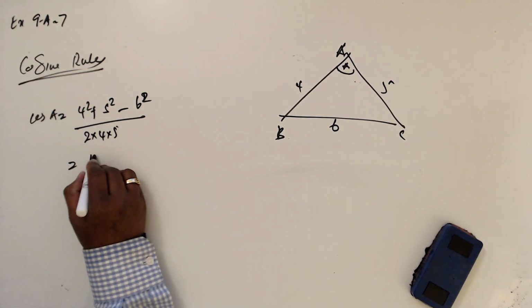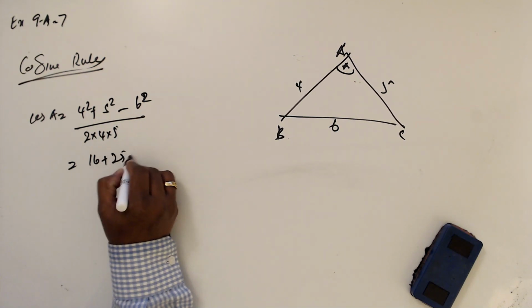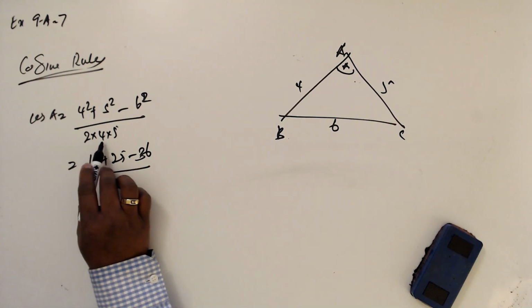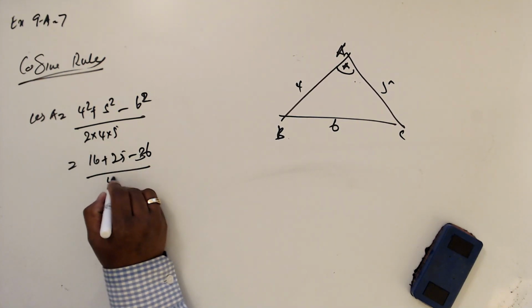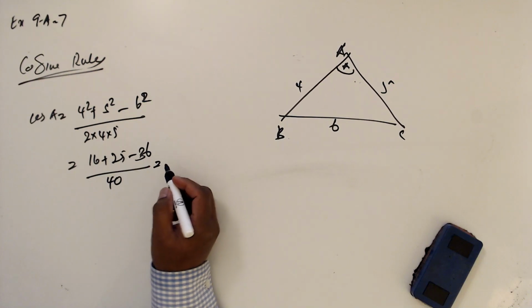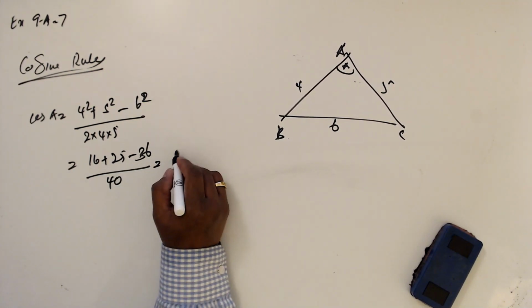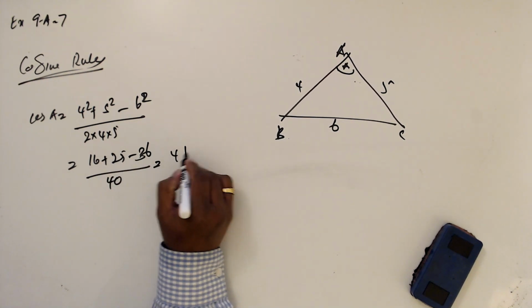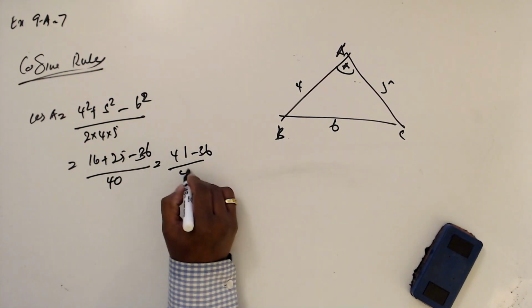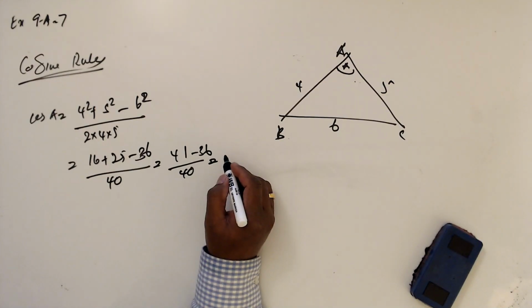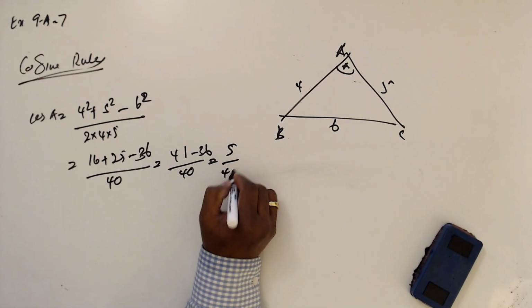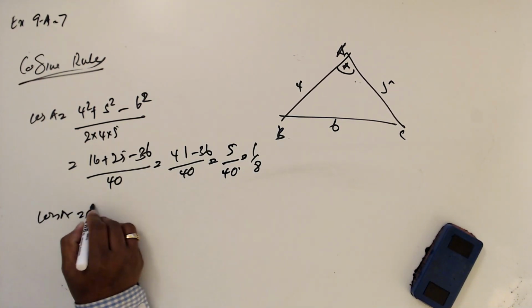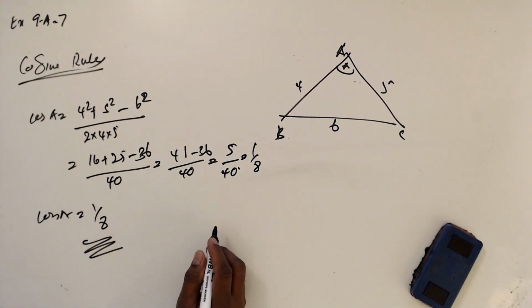So this is 16 plus 25 minus 36 over 40. So cos A is 1 over 8.